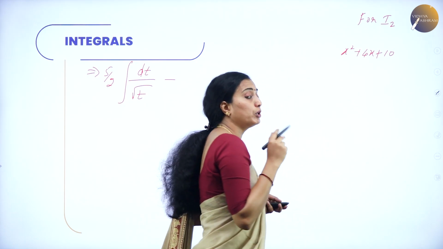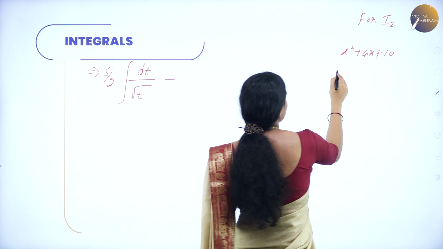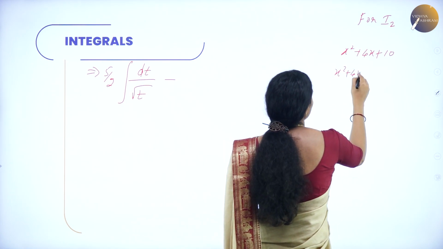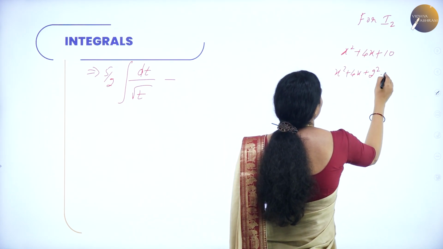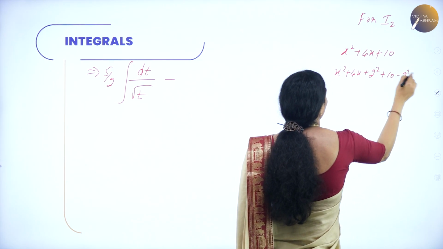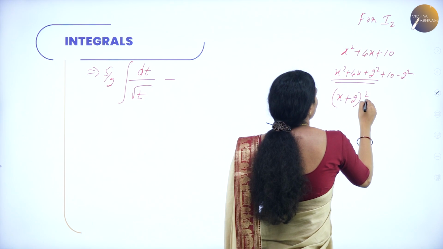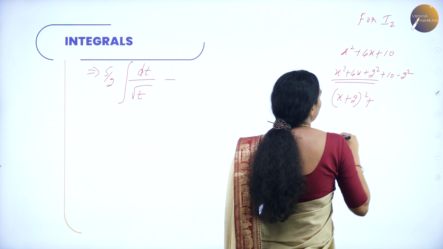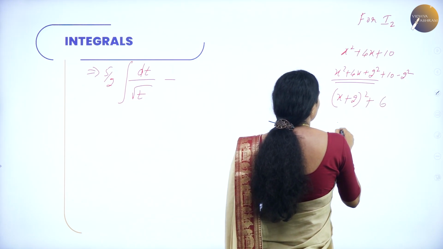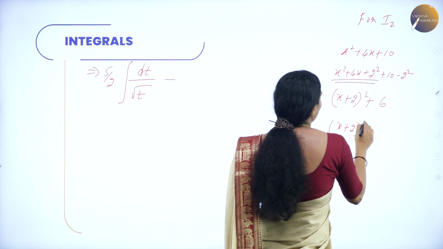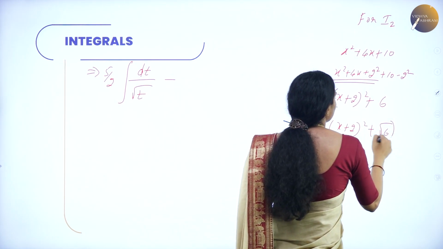Half of 4 is nothing but 2, whole squared. Adding and subtracting, x squared plus 4x plus 2 squared plus 10 minus 2 squared. Now this will become (x plus 2) whole squared plus 10 minus 4. 10 minus 4 is 6. So (x plus 2) whole squared plus (root 6) whole squared.